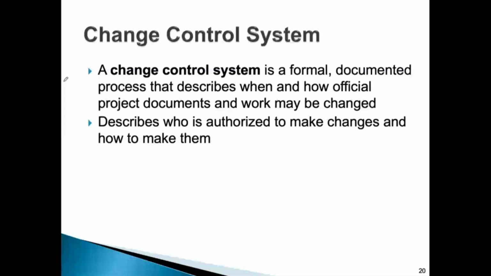If you want, write a document called the change request form. You write whatever you want to change, and you explain why you want this change, and then it goes to a group called the CCB, the Change Control Board, and they will authorize that change.